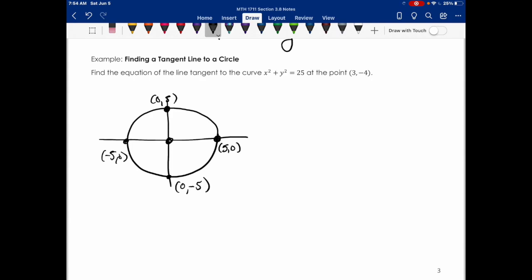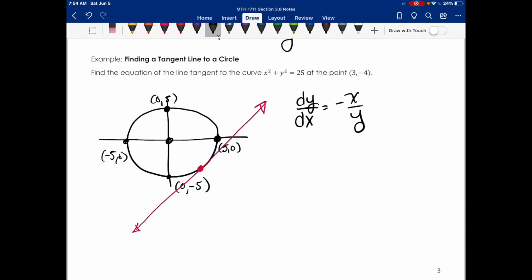We want to find the tangent line at the point 3, negative 4. So if we're looking at the point 3, negative 4, maybe we're looking somewhere around right here, just a rough sketch. So we're looking at the tangent line here. We already know from a previous example that the first derivative is negative x over y.